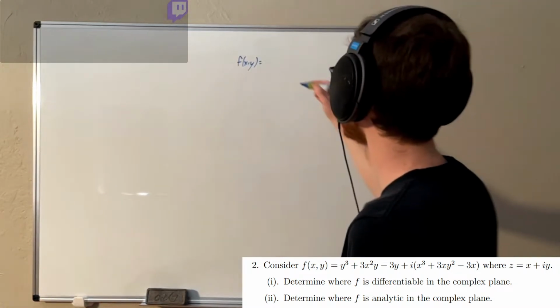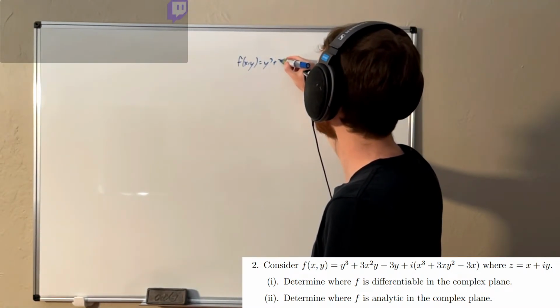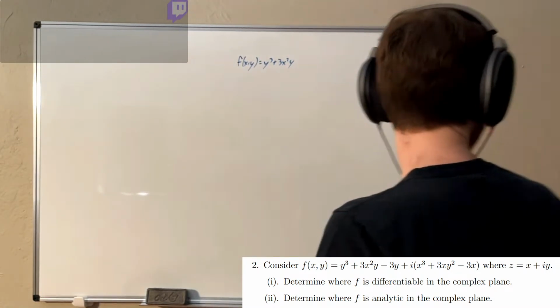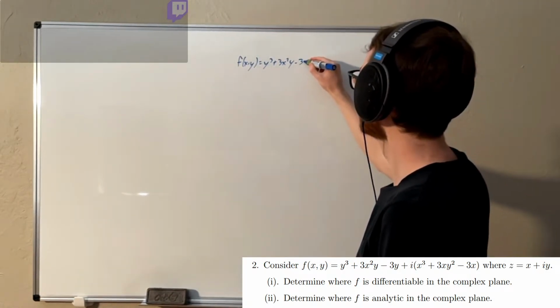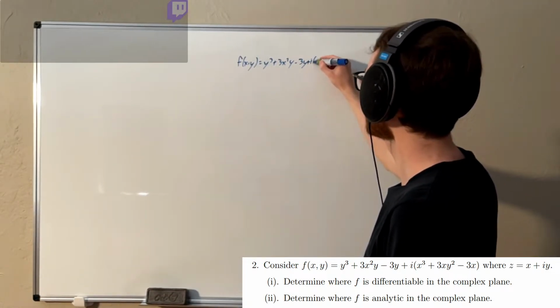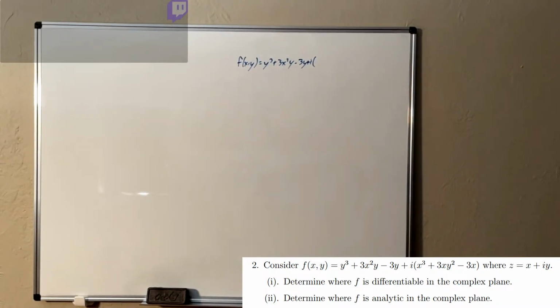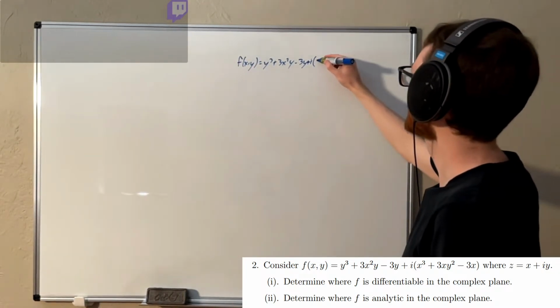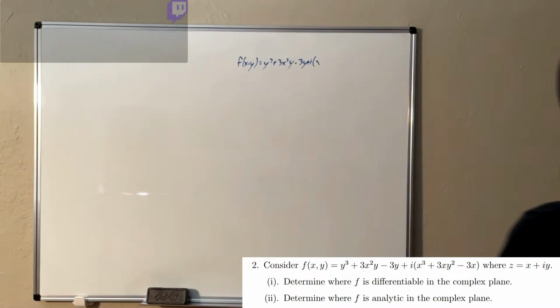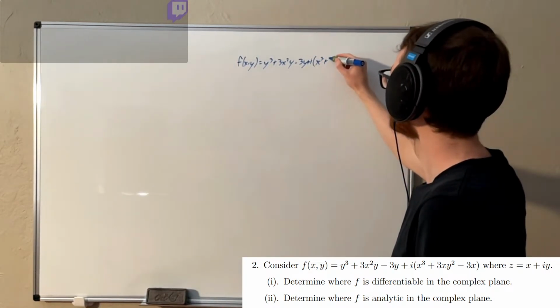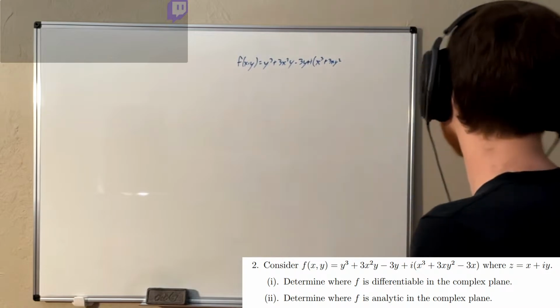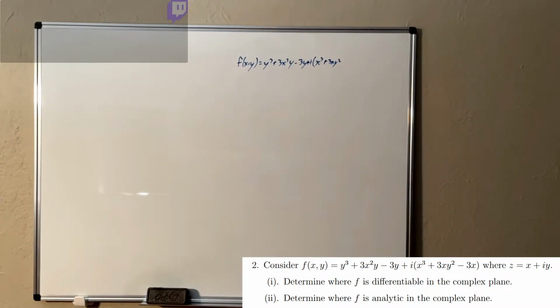y cubed plus 3x squared y minus 3y, plus i times x cubed plus 3xy squared minus 3x.